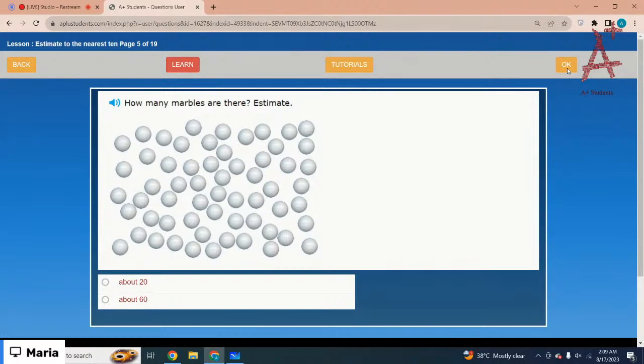If you can see, there are groups of 10 marbles, but they are more than 20, so they are about 60.